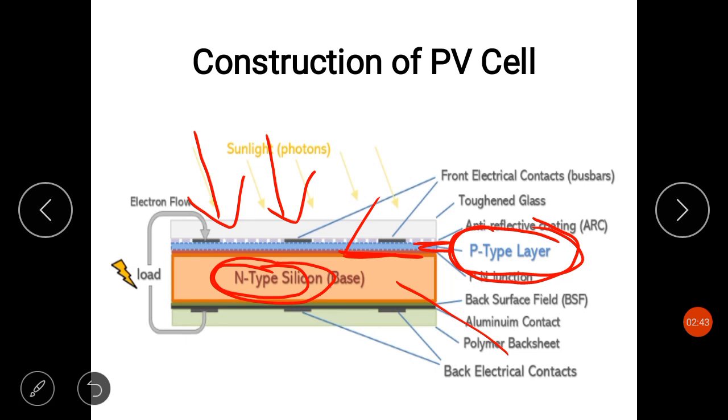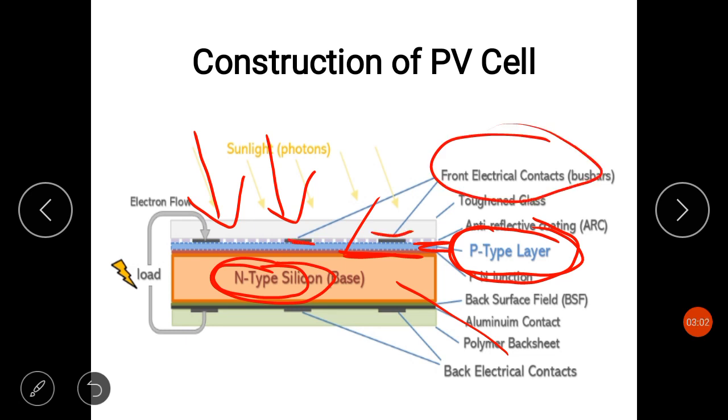Then a few finer electrodes have been applied on the top of the p-type semiconductor. As you can see, these are the electrodes.